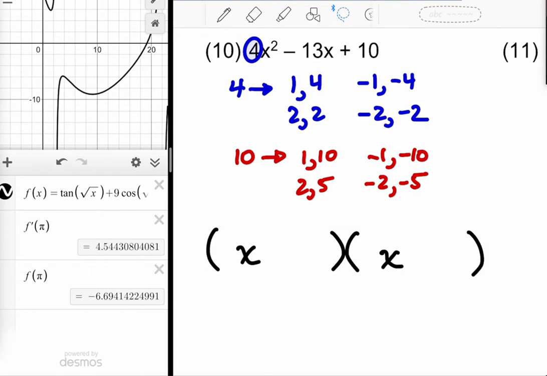So now we got to make a choice. All right, so is it going to be the 1 and the 4, or is it going to be the 2 and 2? And it will make a difference which one you choose. Because if you choose poorly, then you're not going to get the right answer, and you're going to have to go back and try everything with the other possible combination.